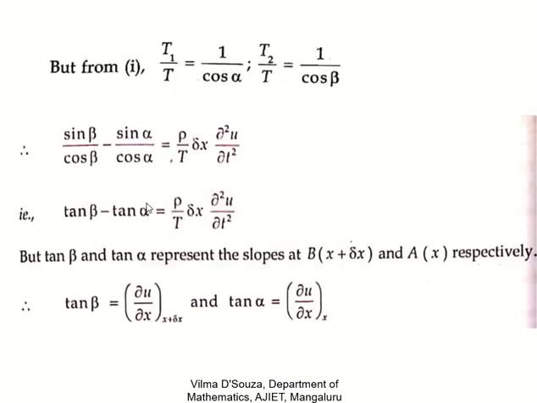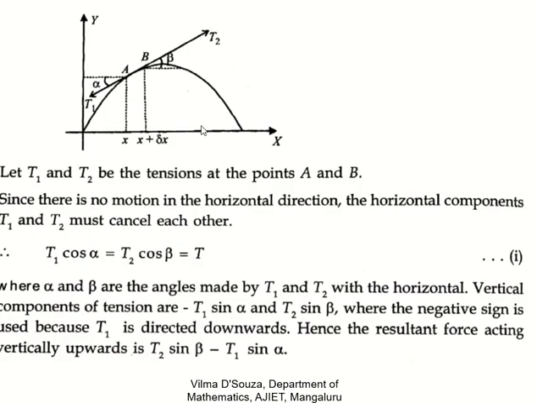Now from 1, I named it as 1 here. T1 cos alpha is equal to t, and T2 cos beta is equal to t. Go back and check. So what is T1 by t?